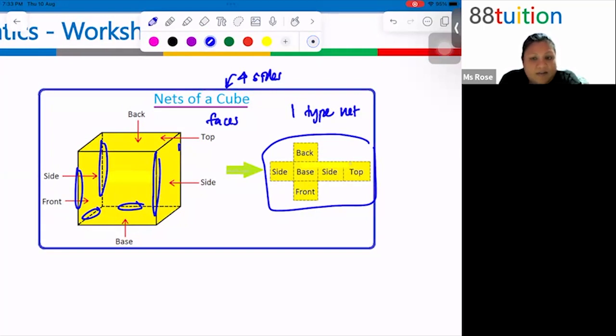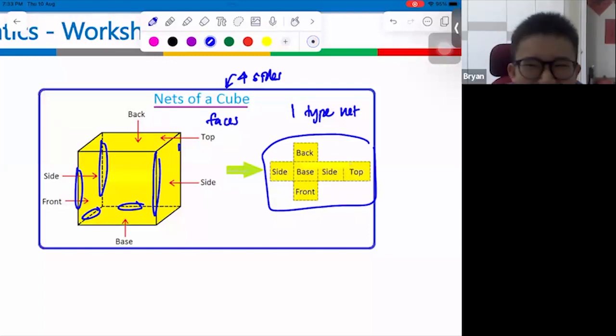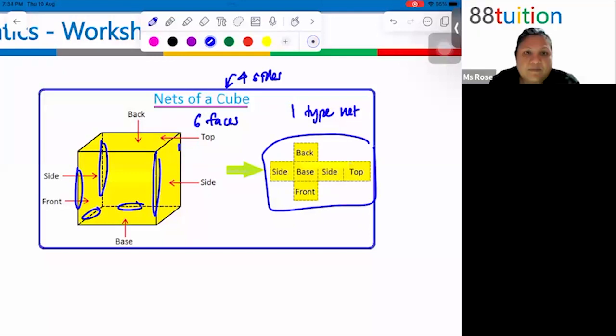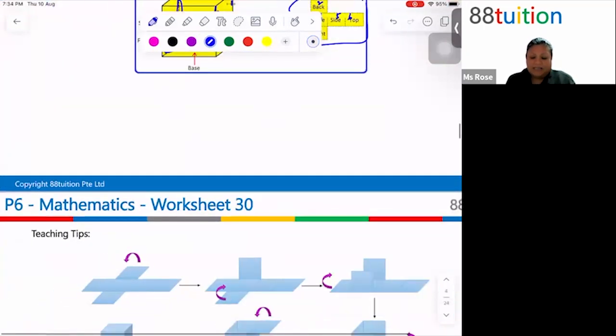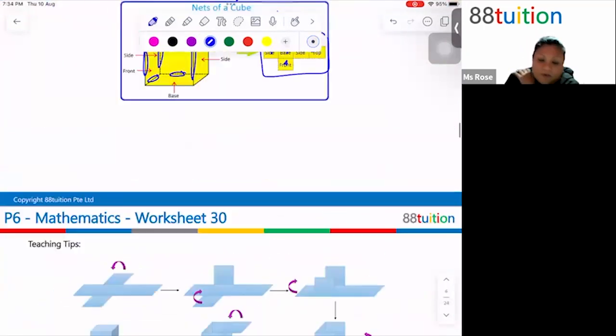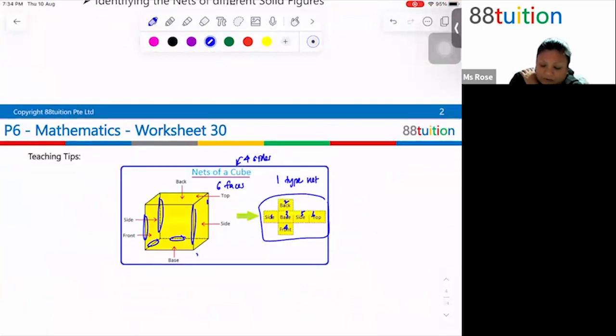Anyone? Yes, Brian, 6 faces. So with 6 faces, you will see 1, 2, 3, 4, and when you open it up, you also have 6 faces. So this is from a solid cube to give you a net.